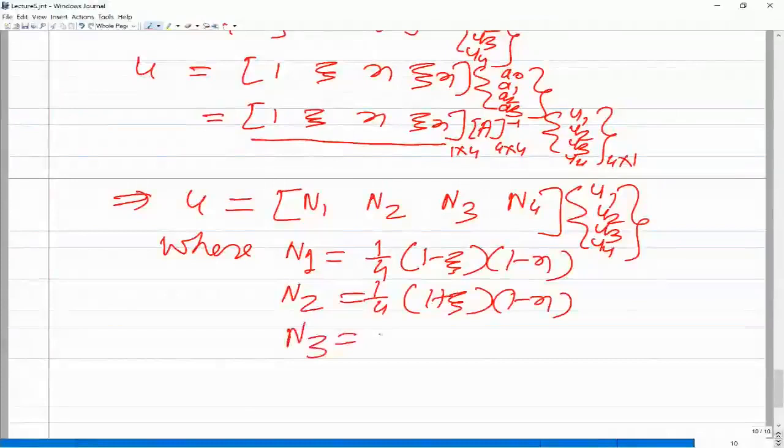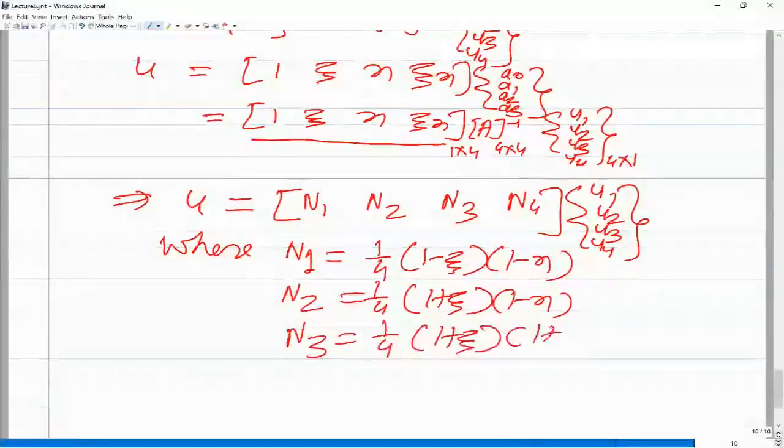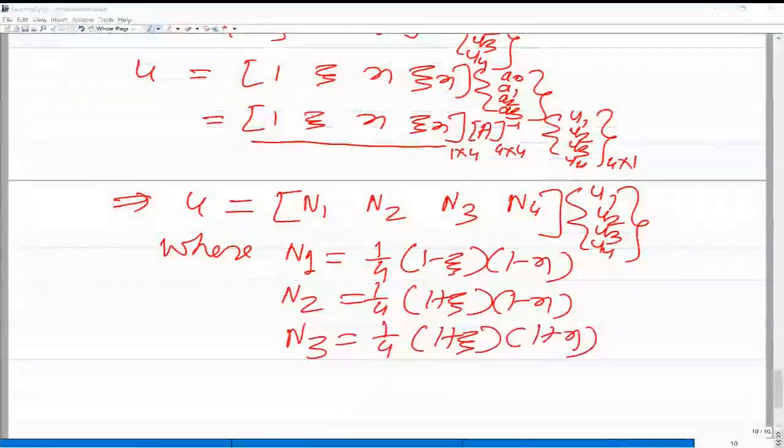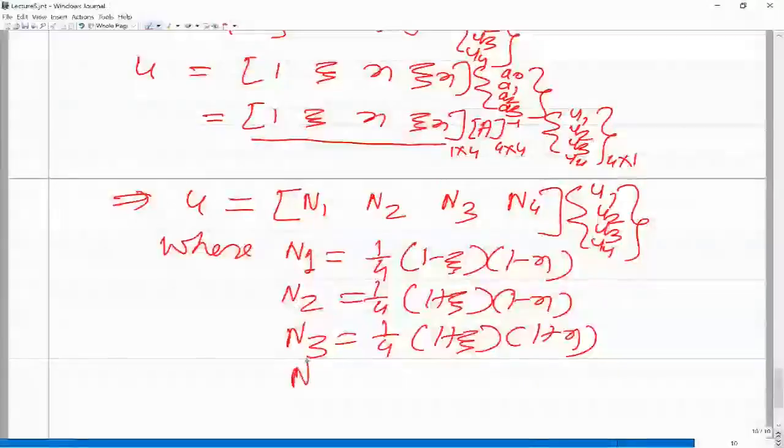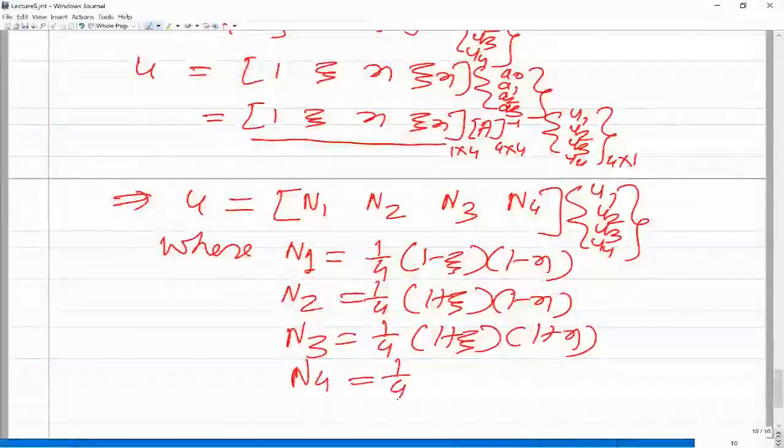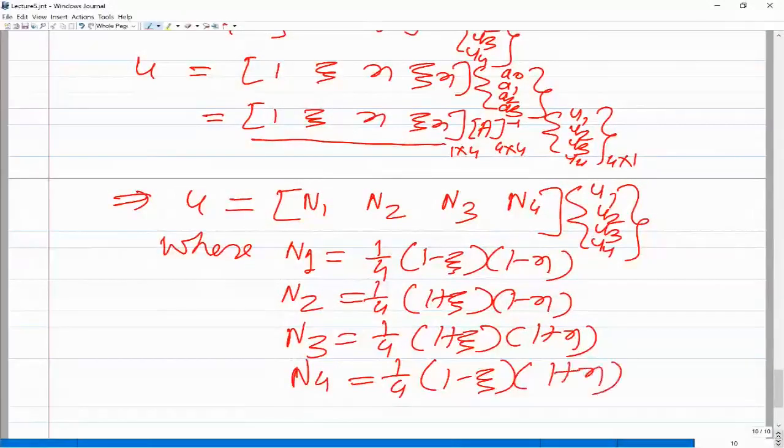And n3 would be 1 by 4 into (1 plus xi) into (1 plus eta). And n4 would be 1 by 4 into (1 minus xi) into (1 plus eta). So these are the shape functions.